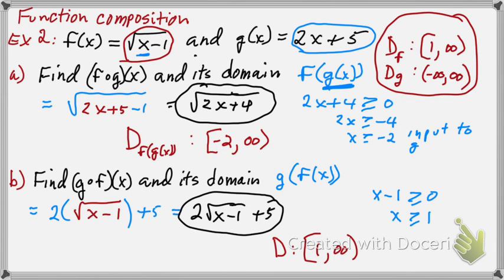Anything bigger than 1 work? Yeah. Notice that the things I have in the black circles, those are our composite functions. They're not the same. The order matters.